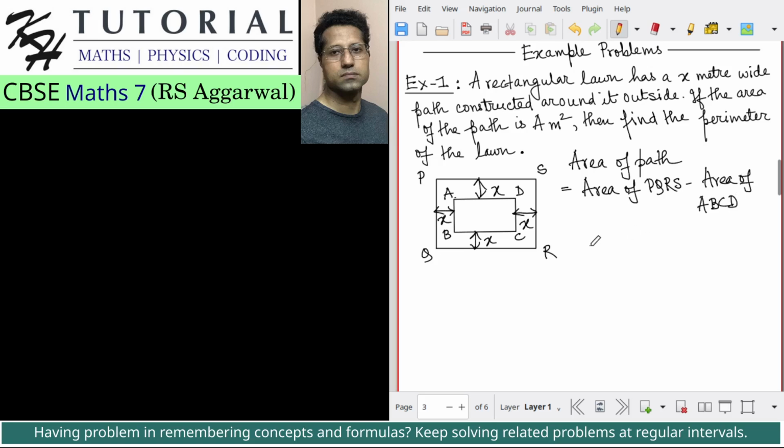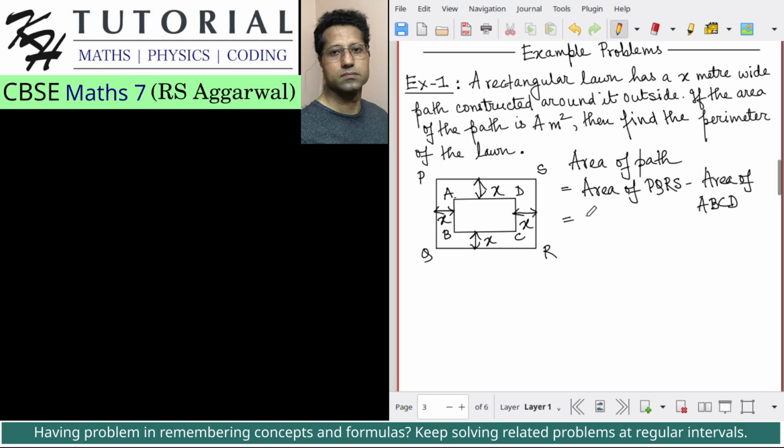What is PQRS? Since the path is outside the lawn, PQRS is the outer boundary of the path. Now, what is the area of PQRS? Since the path is outside the rectangular lawn, its length will be the length of the lawn plus 2 into the width of the path.